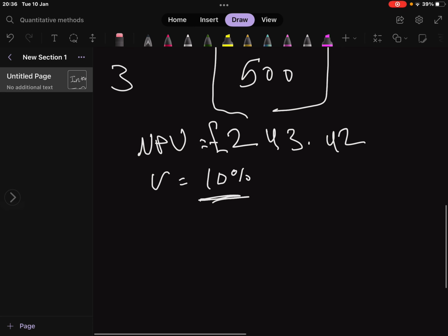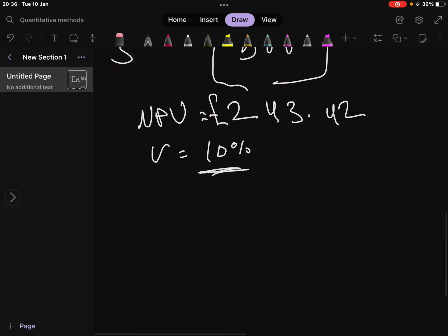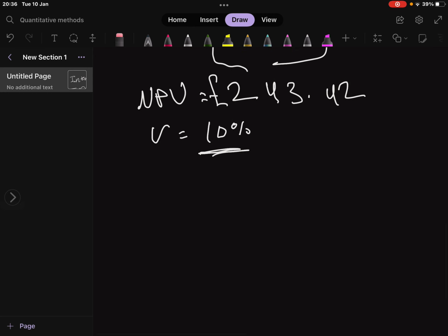And we know that the IRR is the discount rate that makes the NPV equal to zero. So we try another discount rate.